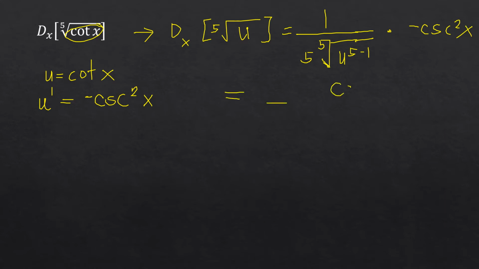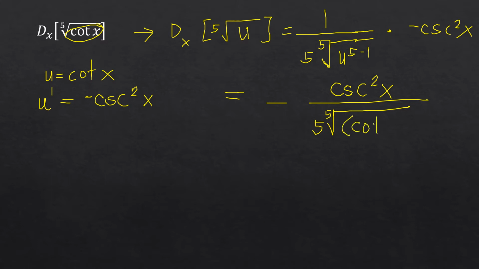We now have negative cosecant squared x over 5 fifth root of u raised to 5 minus 1 is 4, then substitute that u, that will be cotangent x quantity raised to 4. So that will be our answer.